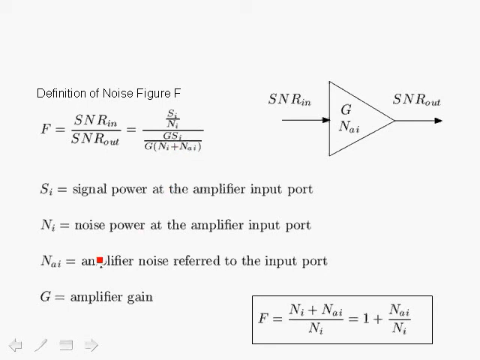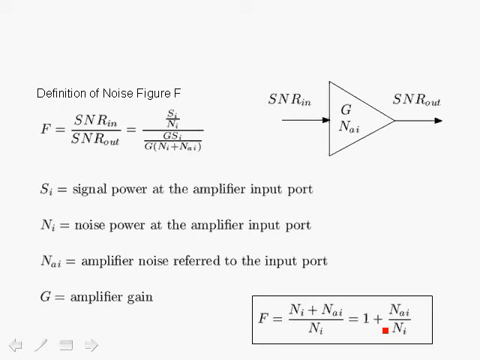So N_AI is the amplifier noise referred to the input port. So we see that the signal to noise ratio would decrease as we go through the amplifier. If we go through this expression and cancel out S_I and also G, we obtain the following expression for the noise figure. So the noise figure becomes 1 plus the amplifier noise referred to the input port divided by the input noise.